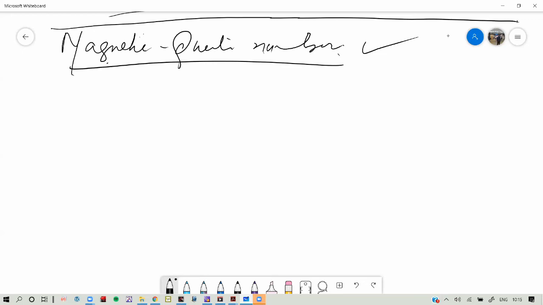Sir, yes, tell me. Sir, the L is always in the z direction? Actually we consider Z because we are applying the external magnetic field in that direction. Actually it is not the Z direction, it is the direction of the magnetic field. We assume that we are applying the magnetic field in the Z direction. It's not always, you can take it in any direction, but most of these simplifications are done along the Z direction.